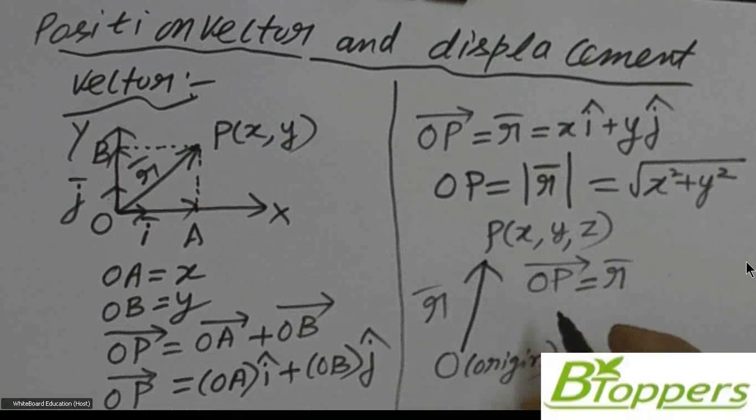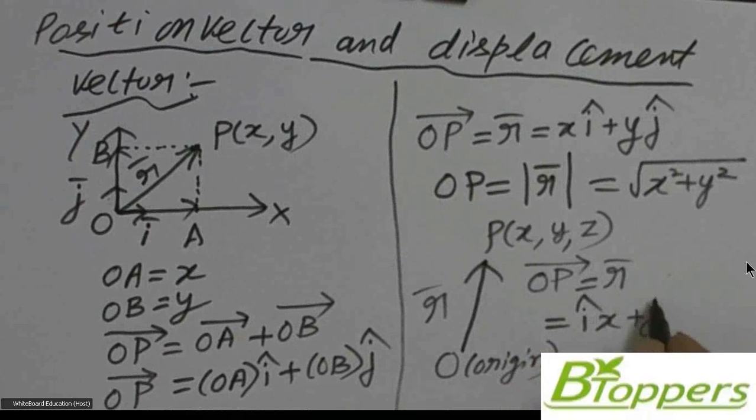The direct line segment OP bar is called the position vector of the point P. That can be written as i cap into x plus j cap into y plus k cap into z, where k cap is the unit vector along the positive direction of z-axis.